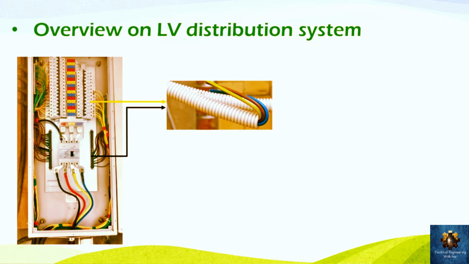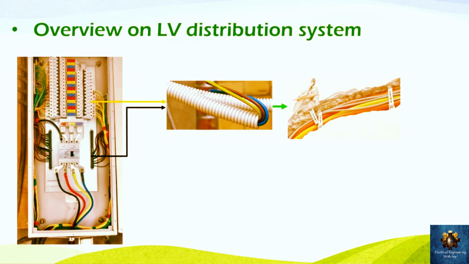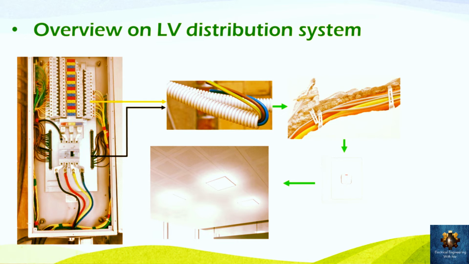Then the line and neutral, which are feeding the loads, which may be some luminaires, move inside the walls or inside the ceiling, and then are connected to the electrical switch, which will control the lamp to be turned on or off, and after that it returns back to the luminaire on the ceiling to feed it. So that's for the lighting load supplying system.